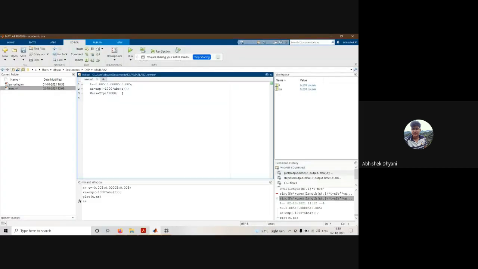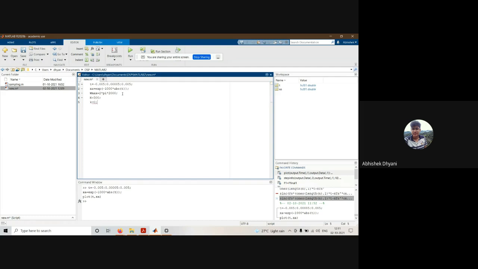To do that, in a simple way, let's say I am considering 500 samples on one side and 500 on the other, so 500 on the right hand side. I define a capital K, which is 500, and a small k. MATLAB is case sensitive, so capital K and small k are different things.